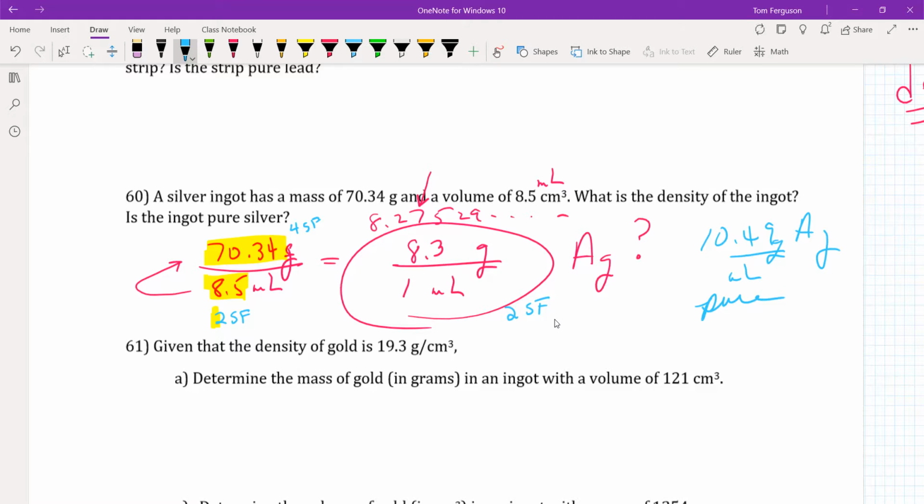Now, if you've ever watched Pawn Stars or any of those others where they get an ingot and the first thing they do is they drill it, look to the core, because they could be putting iron in the middle of the core, they could be putting lead in the middle of the core to change the density.